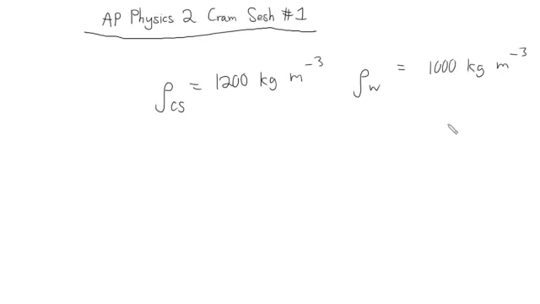And usually for liquids, the density is more or less constant. It can increase or decrease a little as the temperature increases or decreases, but not by much. And for water, it's actually around 997, but it's a lot more convenient to approximate 1000.